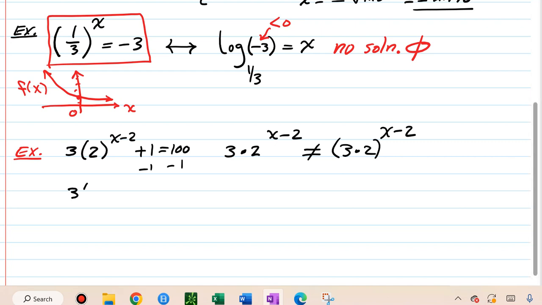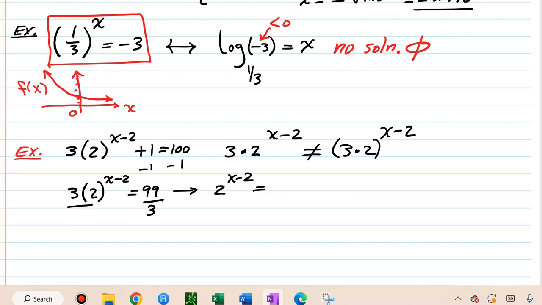Okay, so let me go on the next line and actually put this. This would be 3 parentheses 2 to the x minus 2, and when I subtracted 1, I have 99. Now let's divide both sides of this equation by 3. And we get 2 to the x minus 2 equals, dividing by 3 on both sides, 33.